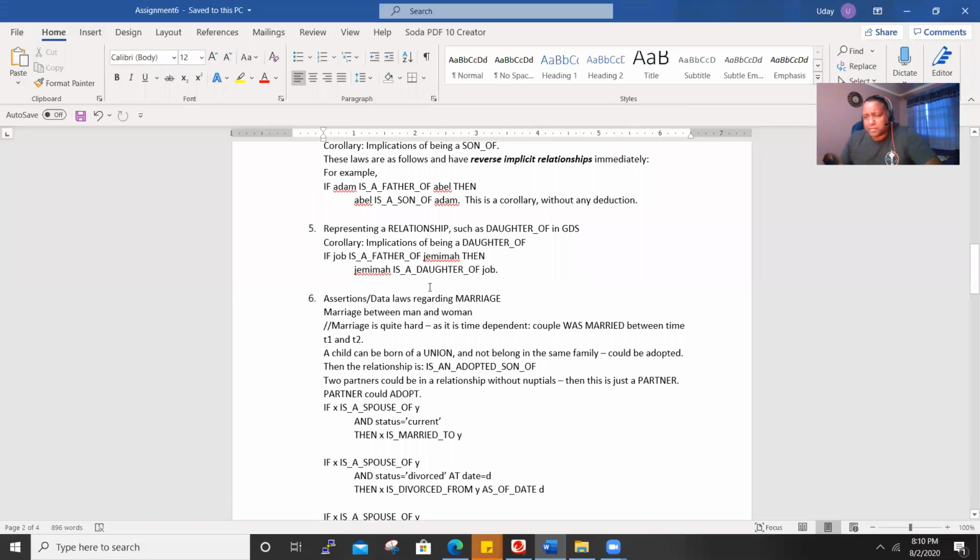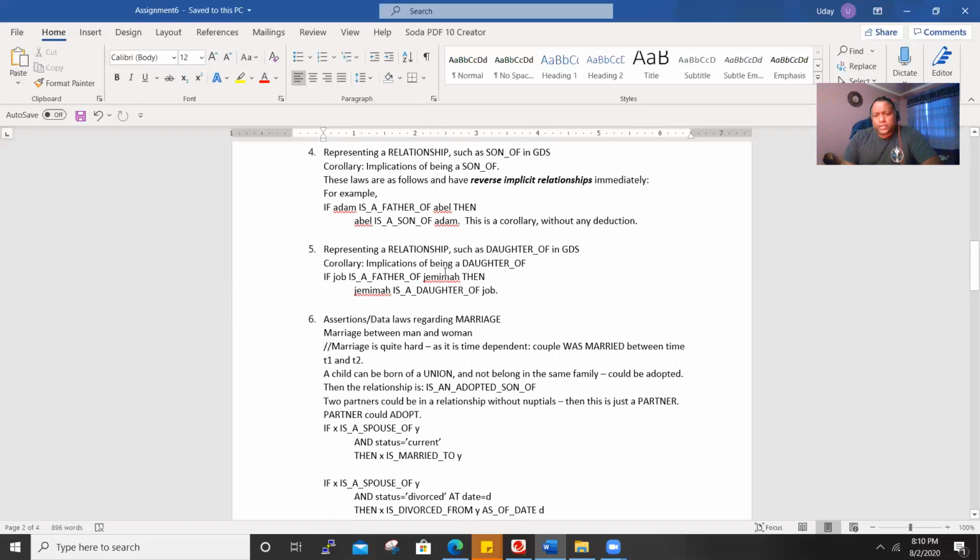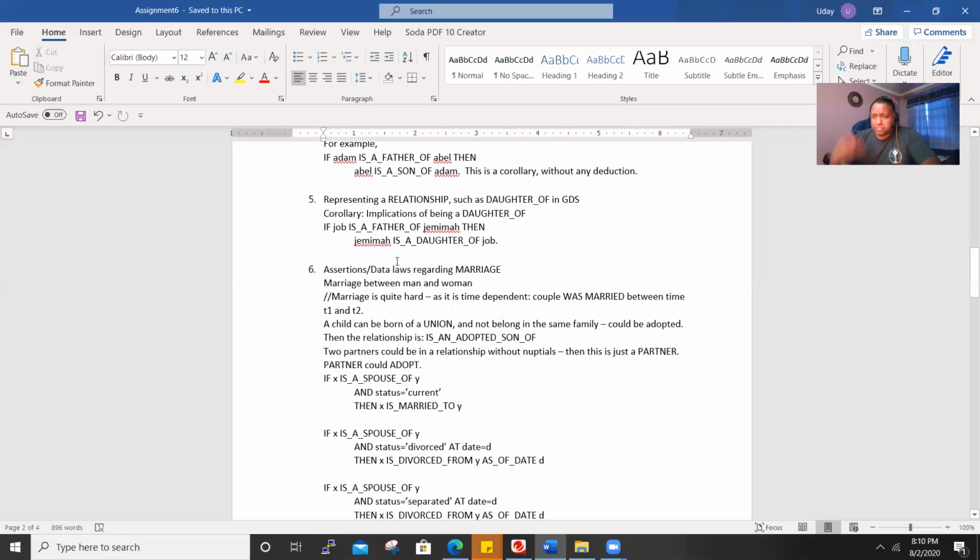I've just taken from the Bible that Job had three daughters: Jemima, Keziah, Keren-Happuch. But okay, now I'll come to this a little later. We'll discuss how we can have implicit inferences immediately because there's a better example to show.